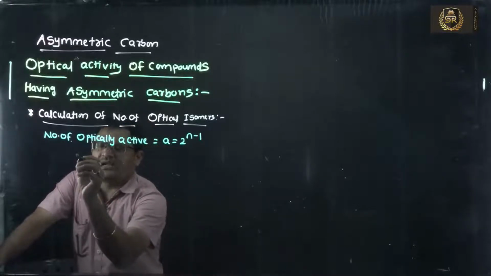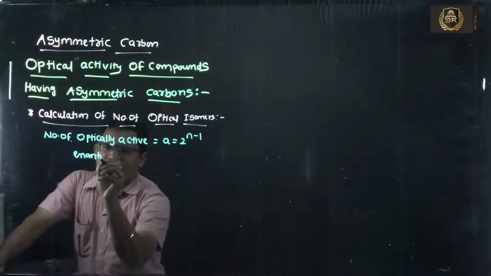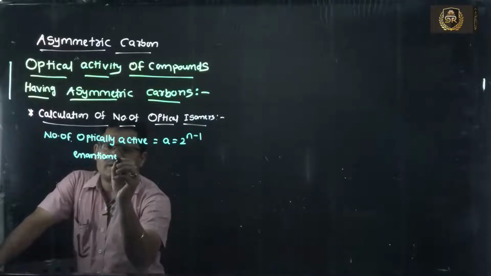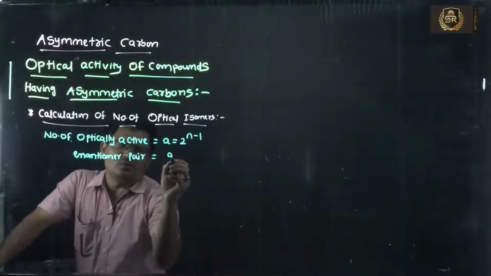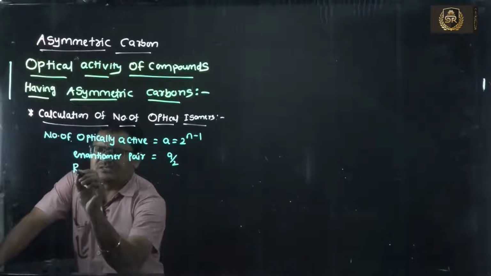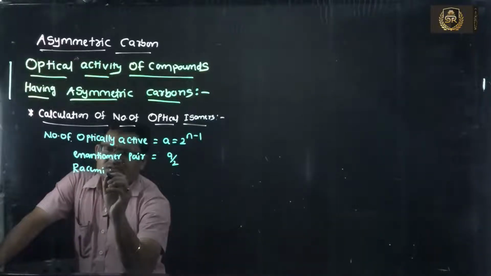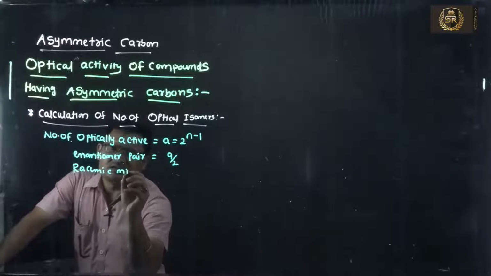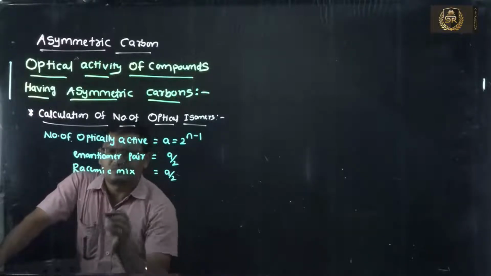Next one, enantiomer pair equals A by 2. Racemic mixture is also A by 2.